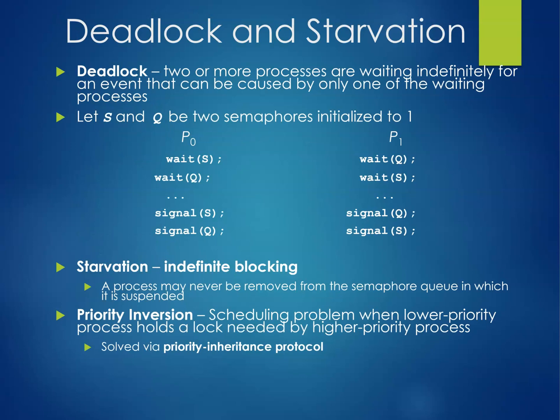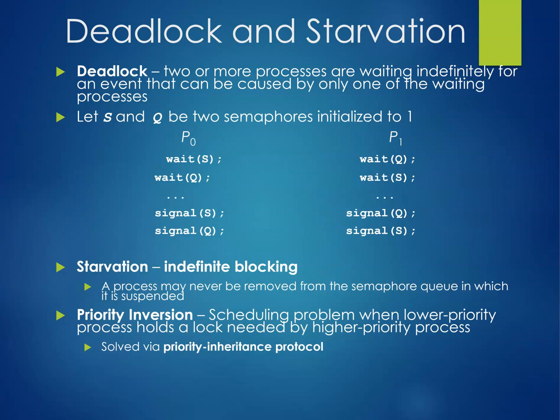Okay. Let's talk about deadlock and starvation. Deadlock is when two or more processes are waiting indefinitely for an event that can be caused by only one of the waiting processes. So let S and Q be two semaphores initialized to 1.